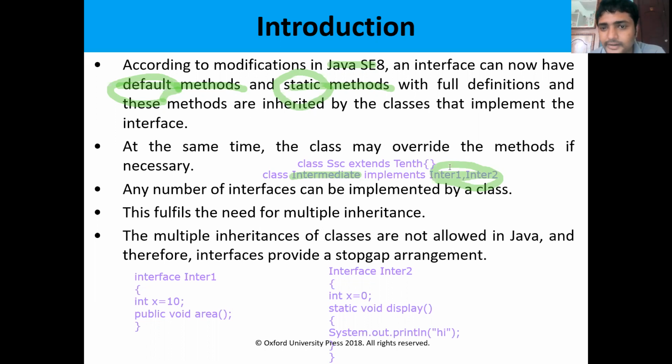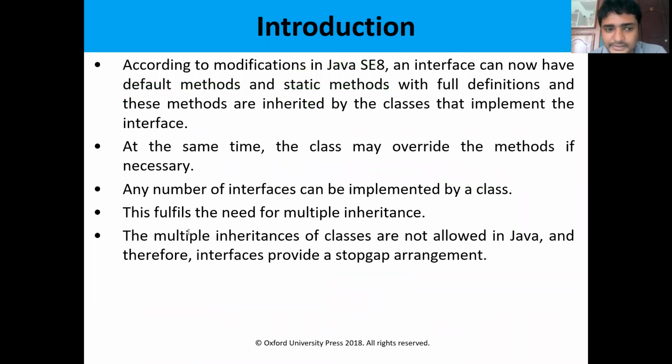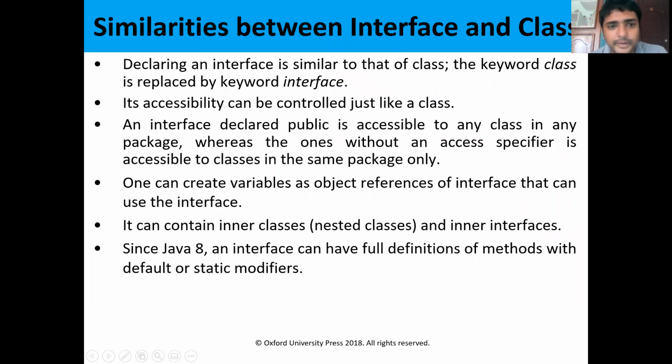That means the class can implement n number of interfaces, more than one interface also. This is the syntax: class intermediate is the class name, implements interface 1 as well as interface 2, inter1 and inter2. This is the concept of interfaces, and it leads to multiple inheritance. These are the basic concepts in the interface.